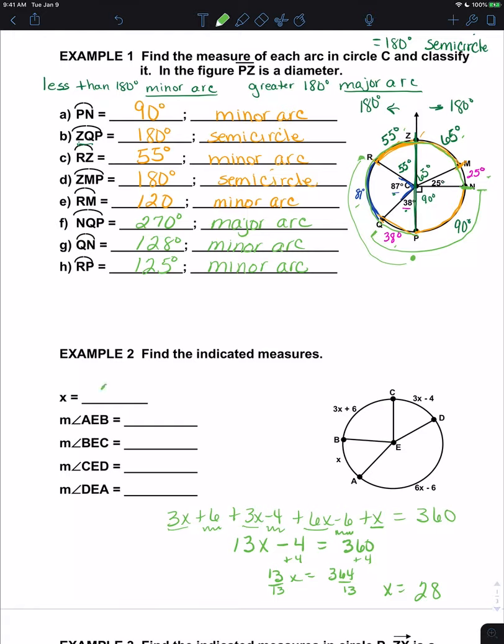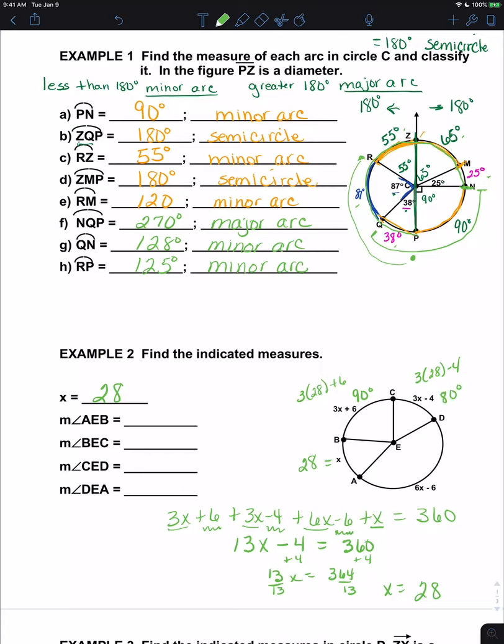Okay, so that's the first question. What's x equal to? Well, x is equal to 28. So we know this arc from A to B is going to be 28 because it's just x. Let's go on and fill in the rest of them. This 3x plus 6 will be 3 times 28 plus 6, and that gives us 90 degrees for this one. 3x minus 4, so 3 times 28 minus 4, gives us 80 degrees.